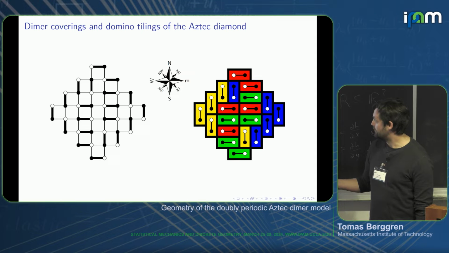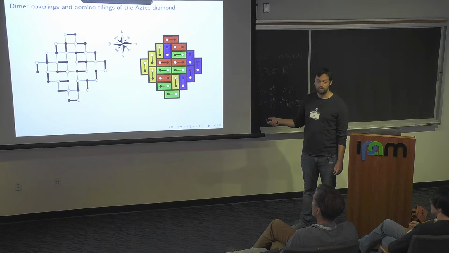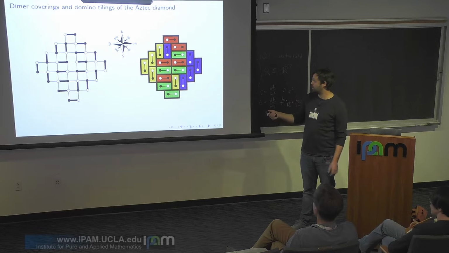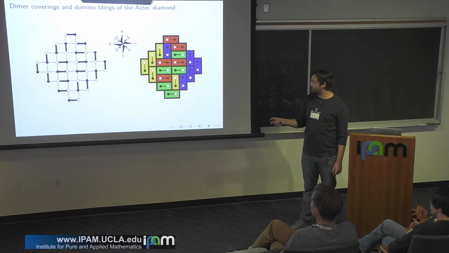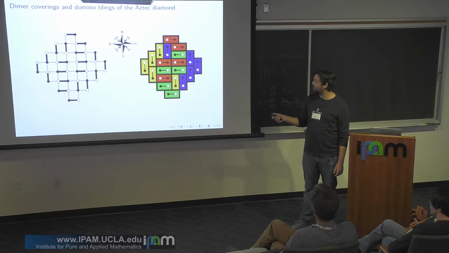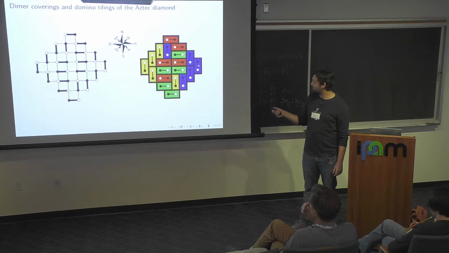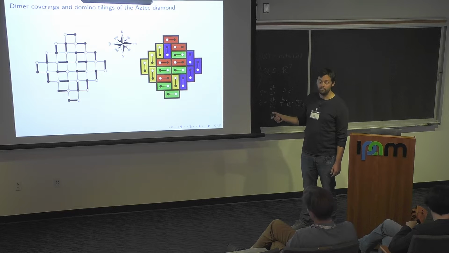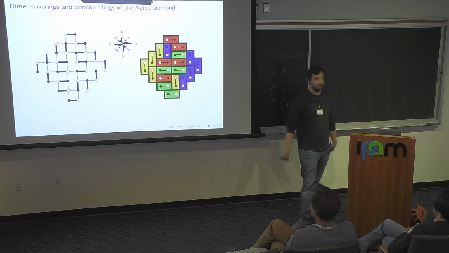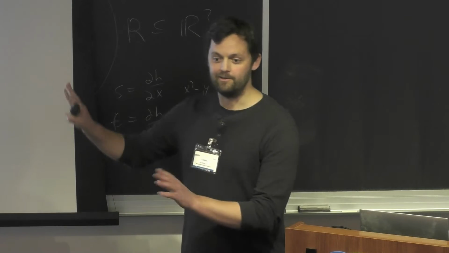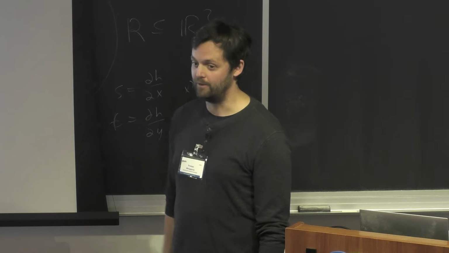You simply take the dual graph, or you simply make each dimer into a domino block here, and I call them so if I have this vertical dimer with the white vertex up, it's yellow. If the white vertex is down, it's blue. Then the horizontal, if it's the white vertex to the right, it's green, and the white vertex to the left, it's red. And from my point of view, it's nicer to show some pictures using these tiling pictures.